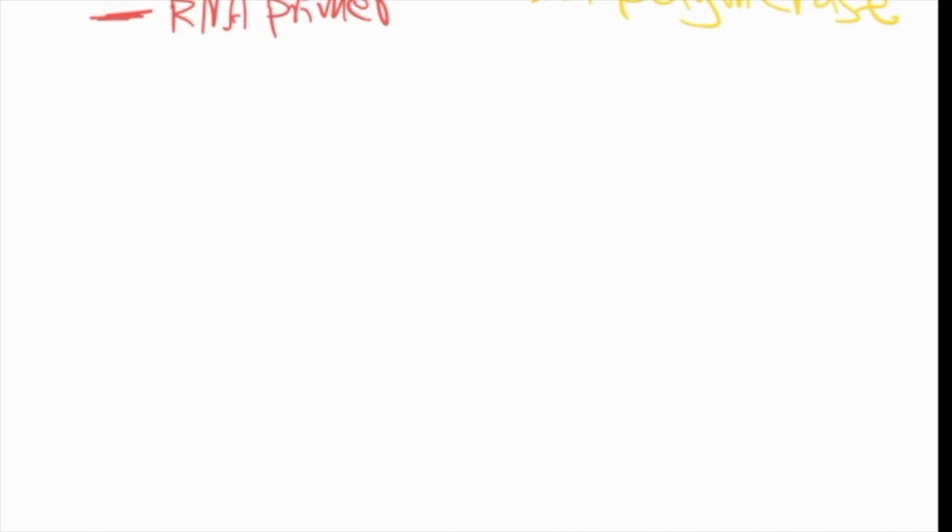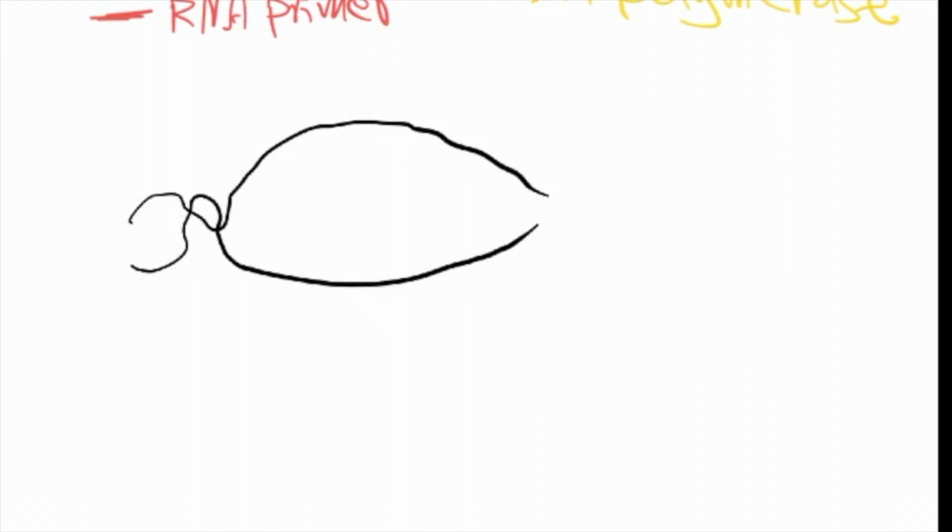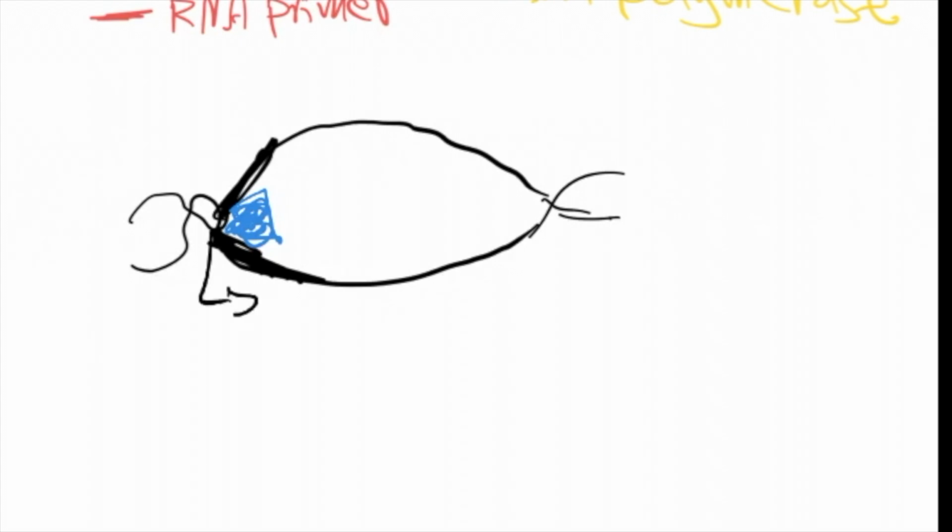So let me draw it again. That's just too busy. So if we have this thing, this area that is a growing tip of the DNA, where it is being opened up by this helicase, that is called a replication fork.